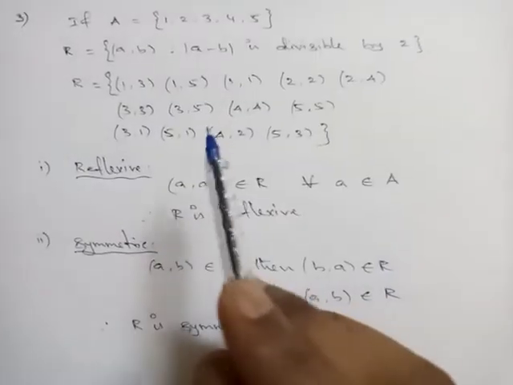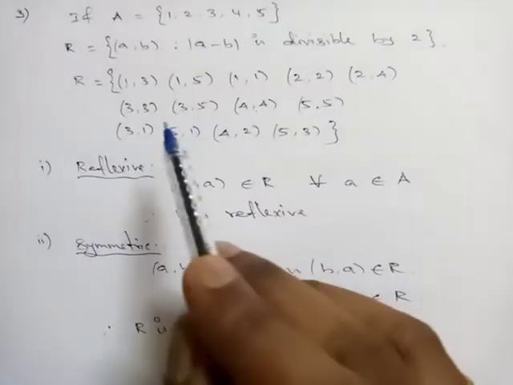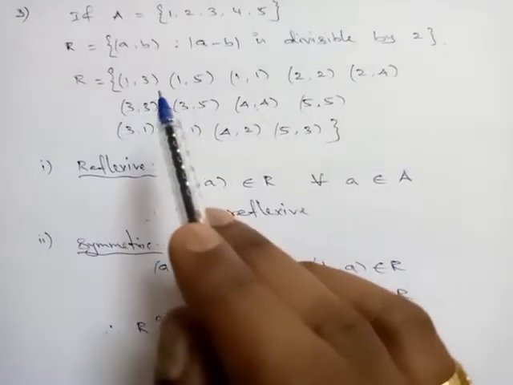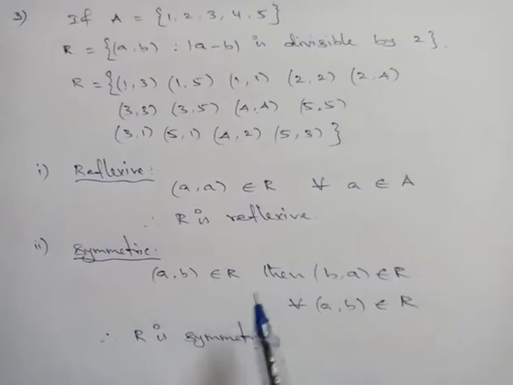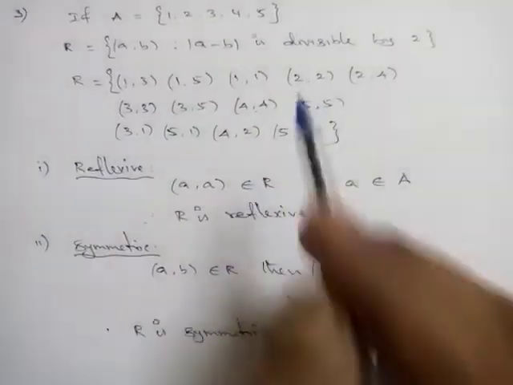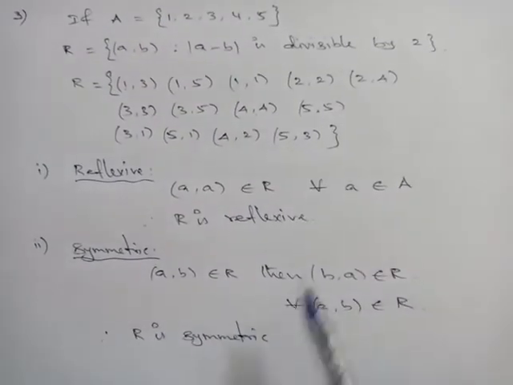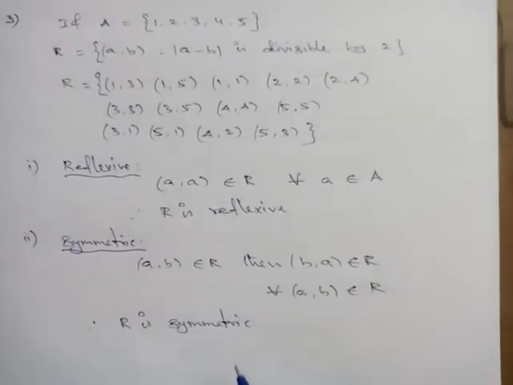So for each and every element in this R, that is A comma B belongs to R means B comma A belongs to R. So for all A comma B in this R, it is satisfied. Therefore we can say that R is symmetric.